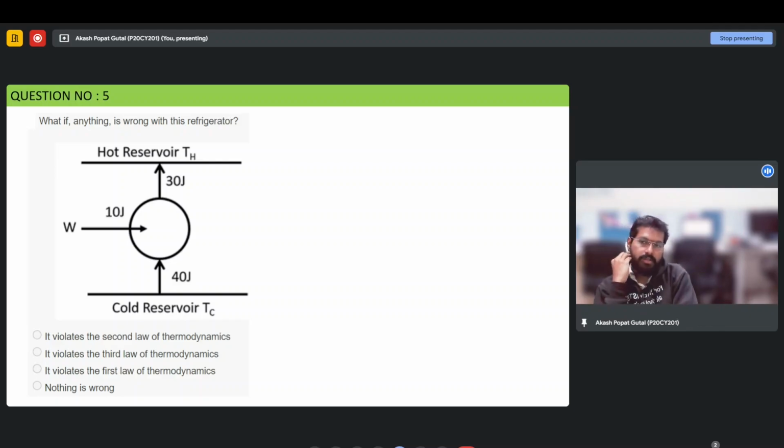So here is a refrigerator. It's taking 40 joule from the cold reservoir and is giving 30 joule to the hot reservoir. 10 joule is work done on the system.